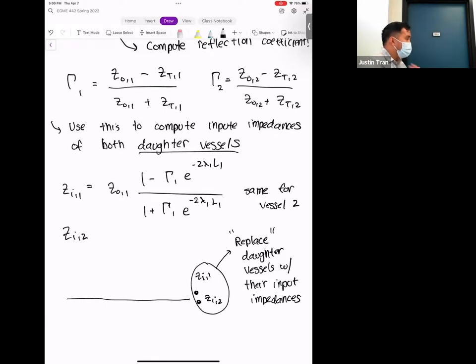In a way, we've pruned them from the tree because we no longer need them, since we've already computed the total impedance you're going to experience when you flow down that vessel. So we just have ZI1, ZI2.